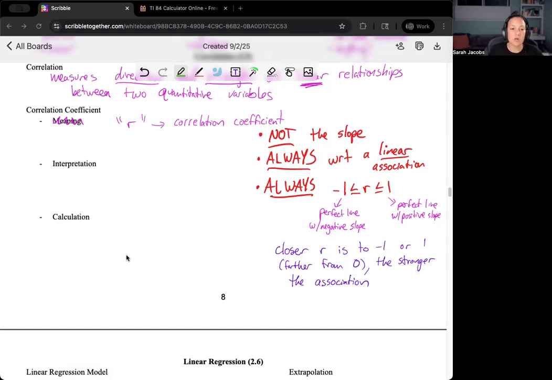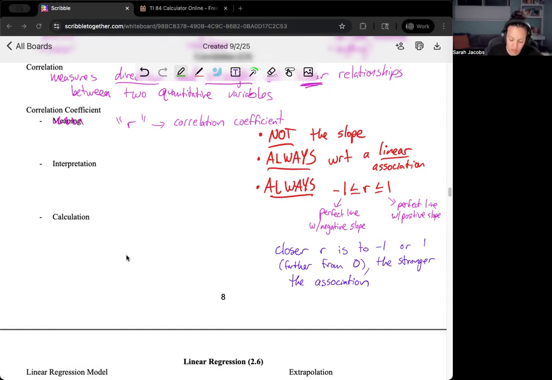So a correlation coefficient of 0.8 is going to show a much neater line of data, not perfect, but neater than a correlation of 0.4. I think I said 0.8, right? So closer to 1, closer to -1, stronger line. Closer you are to 0, the fuzzier it gets.